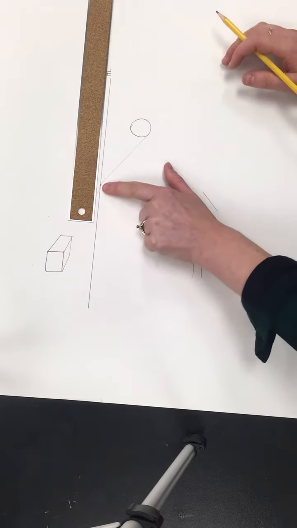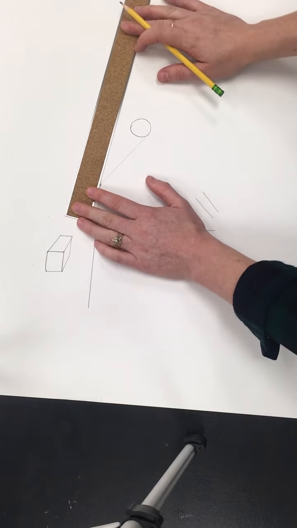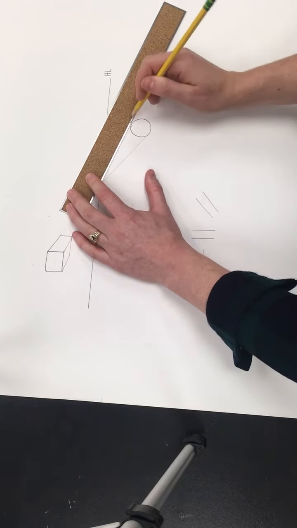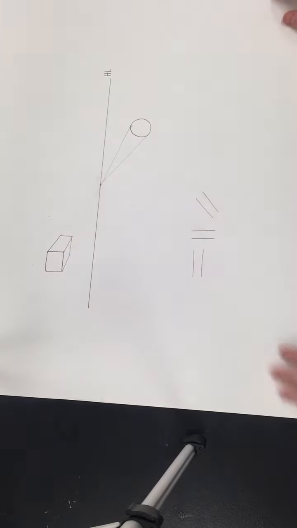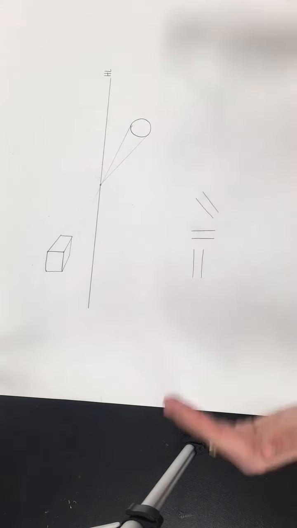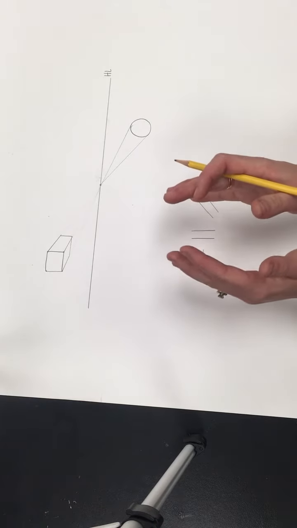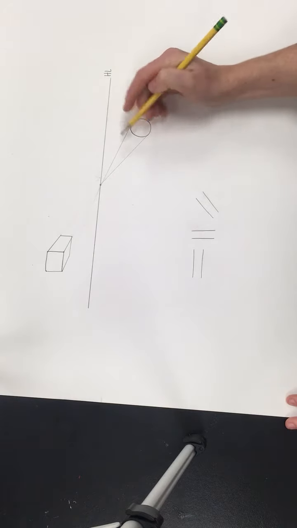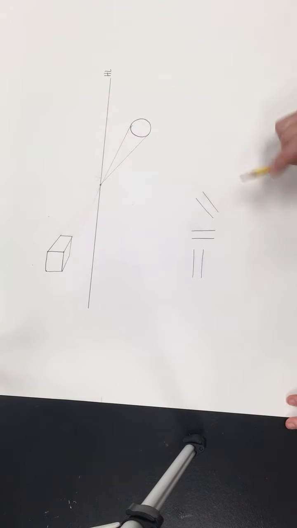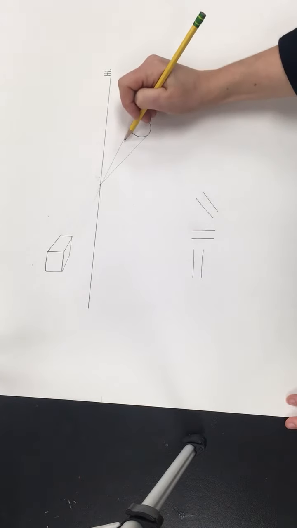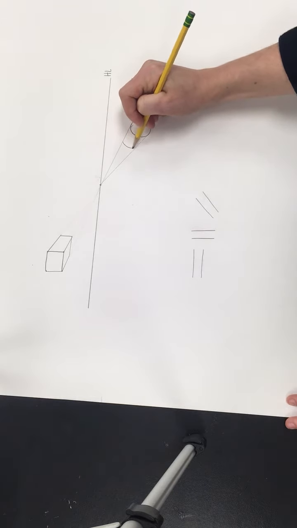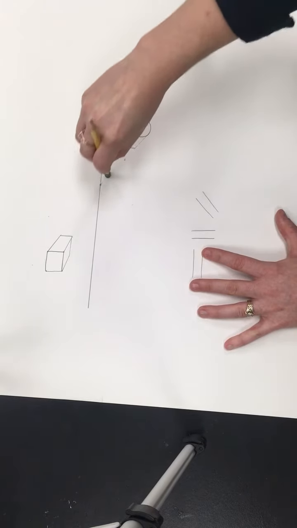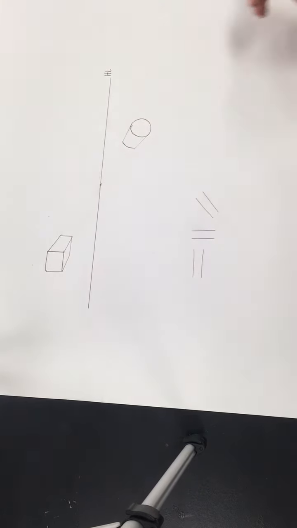Put your ruler at that vanishing point, move it down until it hits the shape. So there we go. Now we decide, do we want it to be a long shape that is three-dimensional, or one that is short? Now, this is a curved line, so should we draw a line down here that's straight? No. It needs to be a curved line. And then we can erase these extra lines right here.